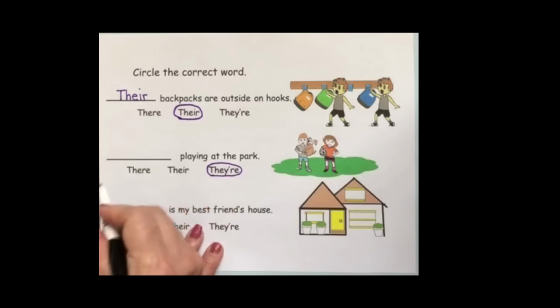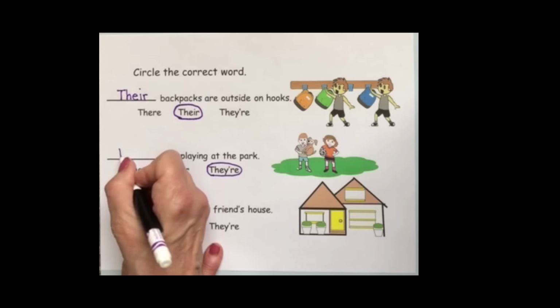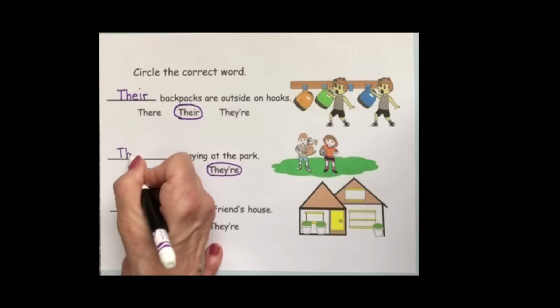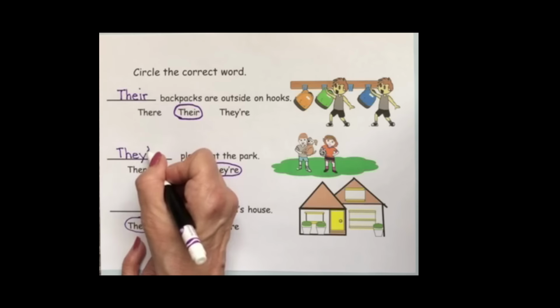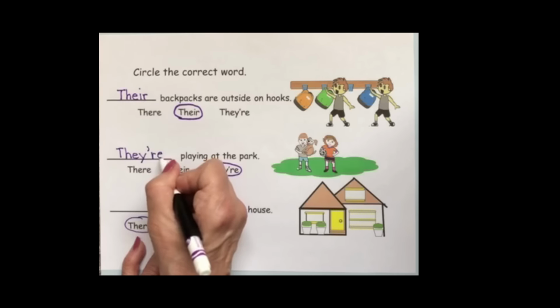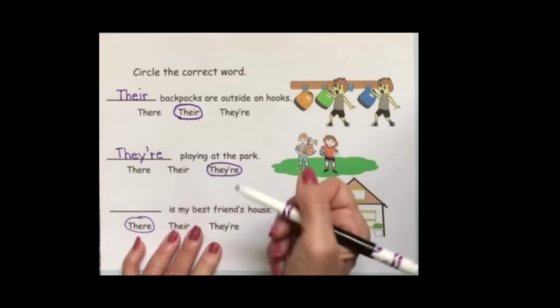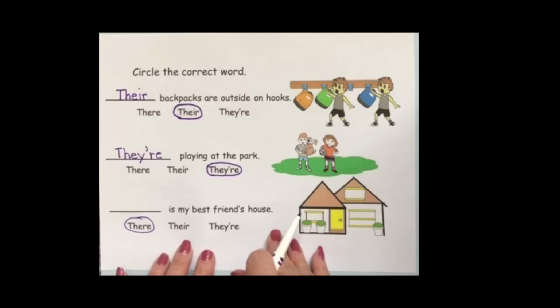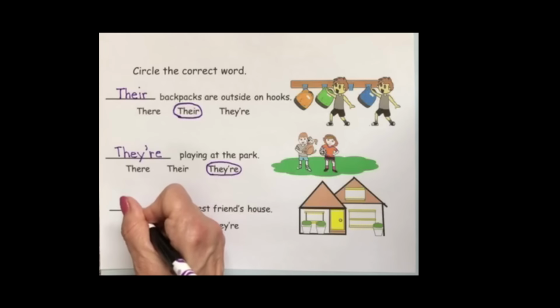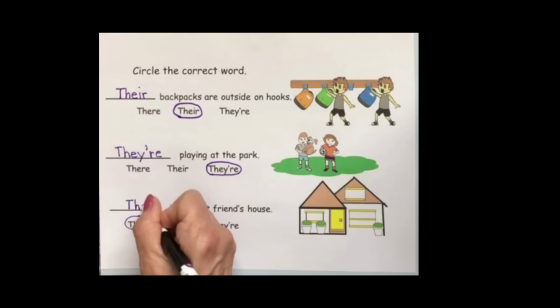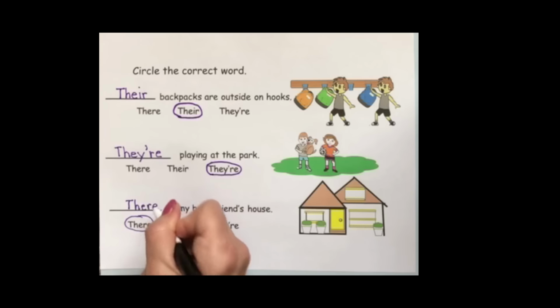They're representing they are. Capital T-H-E-Y apostrophe R-E, standing for they are. And our last one is there, capital T-H-E-R-E.